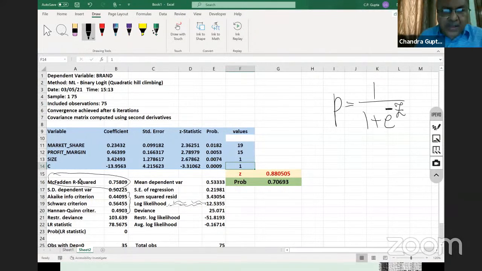But remember, they will help you in deciding between models within logit or within probit, but they will not help you in getting an idea about logit versus probit.